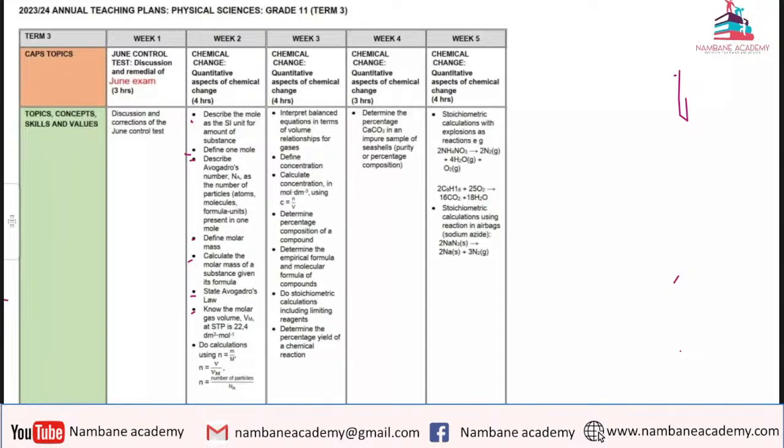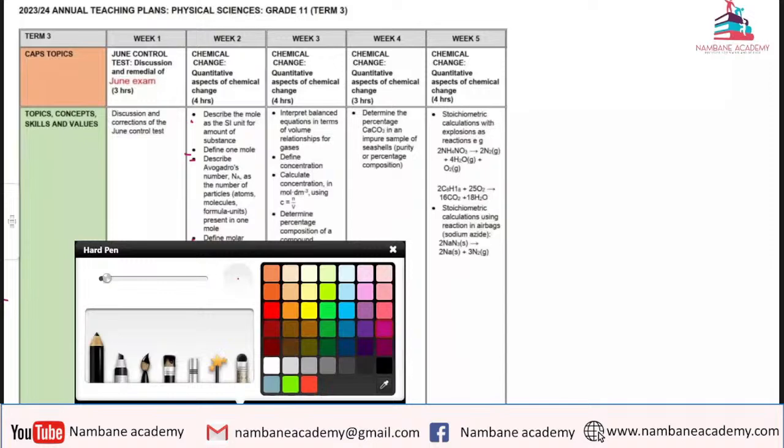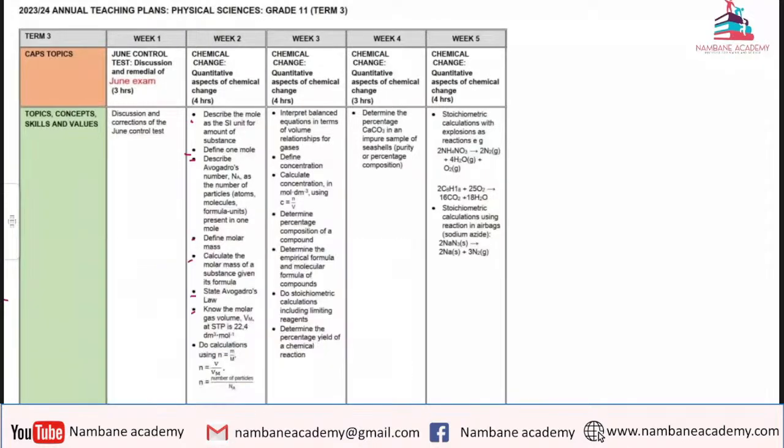Secondly, I must have an exam guideline. Why do I need an exam guideline? I need an exam guideline to assist me with the definitions of the chemistry. So we agree that the very first one that I must always have is a periodic table. After the periodic table, I need the exam guideline.